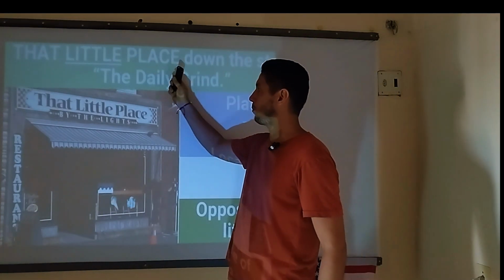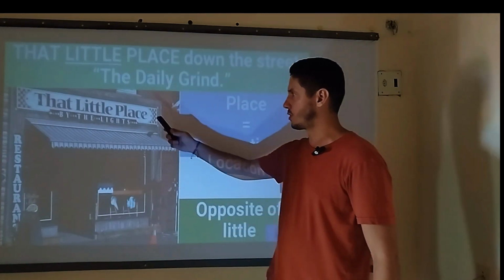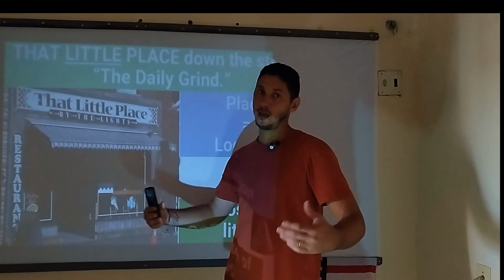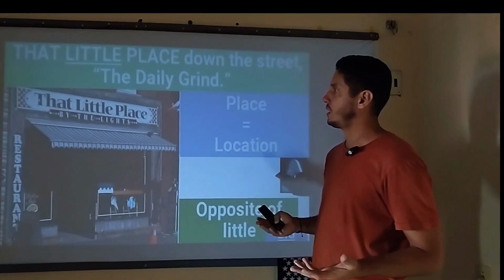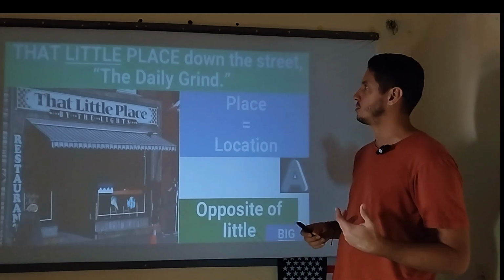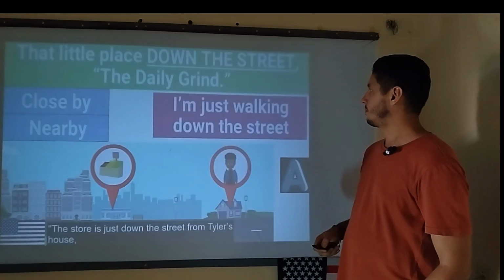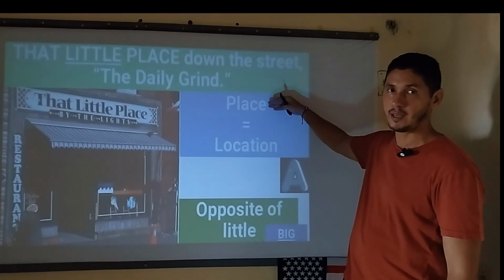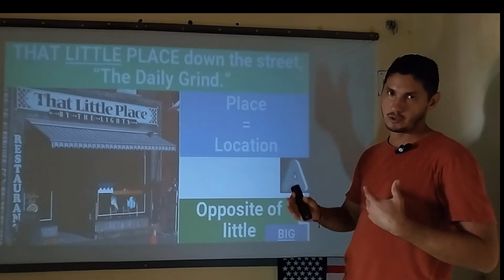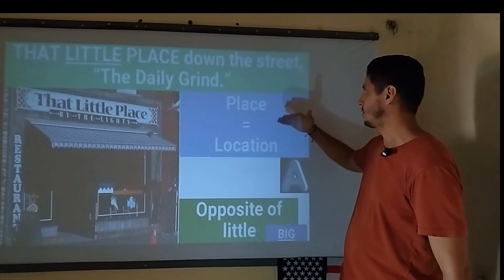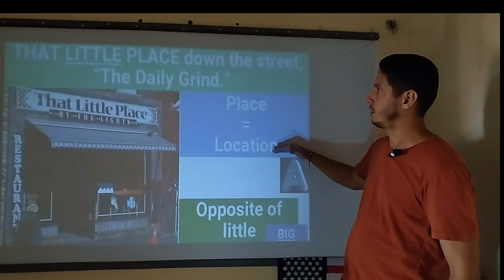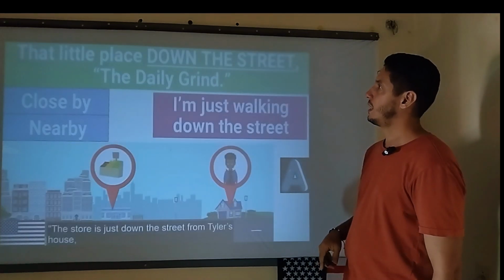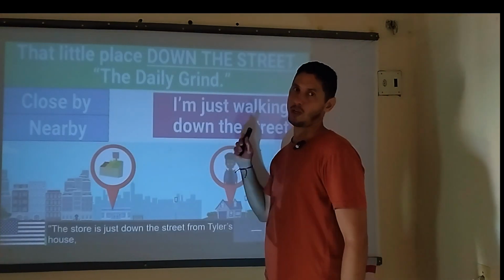So that little place, it means that it's a common way to speak. So, just one more thing, place. I don't know how much you understand English, but place is a synonym for location, alright? That little place down the street.